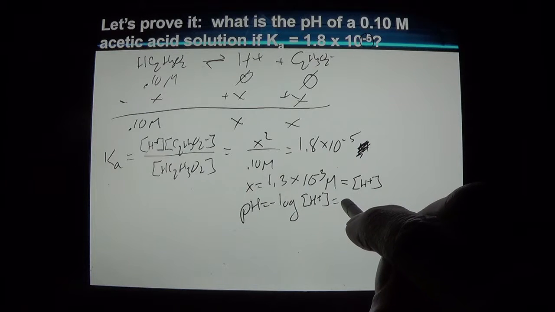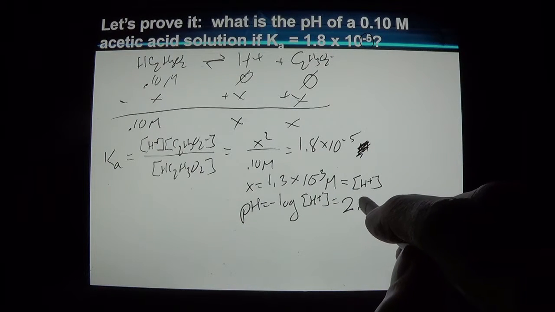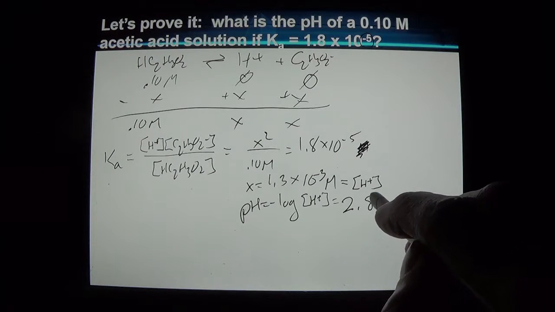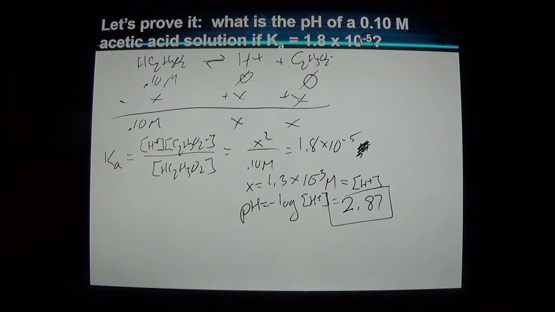And I get, so acetic acid, pure acetic acid by itself at 0.1 molar concentration, which is much more probably than what you would find in vinegar, it's going to have a pH of 2.87. Okay, so kind of file that away. That's the pure acetic acid.